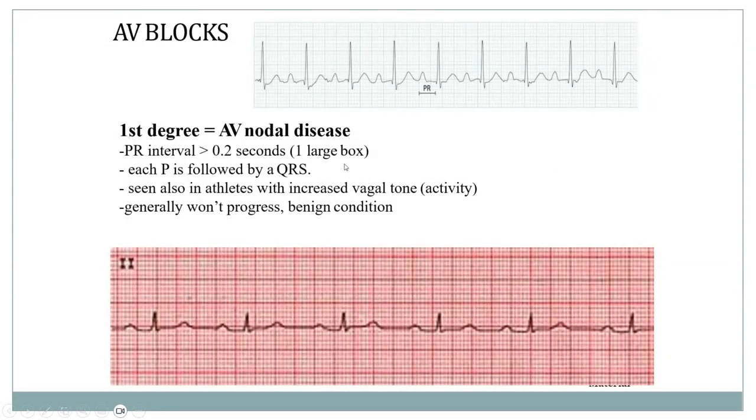First degree heart block is a disease of the atrioventricular node, and it is just a delay, but it will happen. Each P wave is followed by a QRS and T. So there is some delay, but it is still okay.